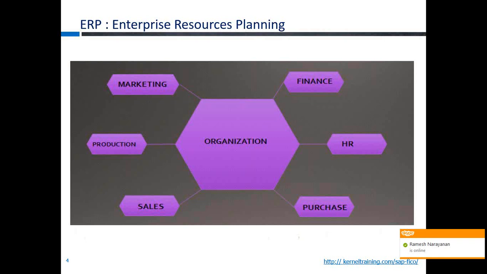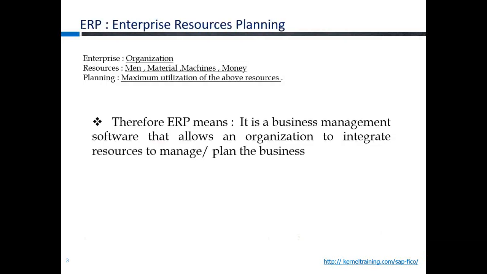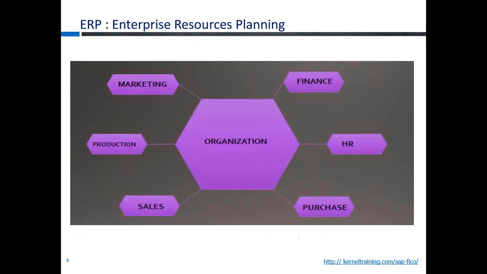So what is our ultimate aim from the previous slide which I discussed? It is the maximum utilization of the above resources. So we cannot have a non-value-added activity every time. So what we do is we want to have a link between marketing and finance, marketing and production, marketing and sales, finance and purchase, HR and purchase.